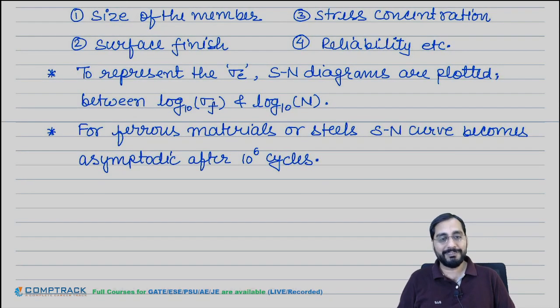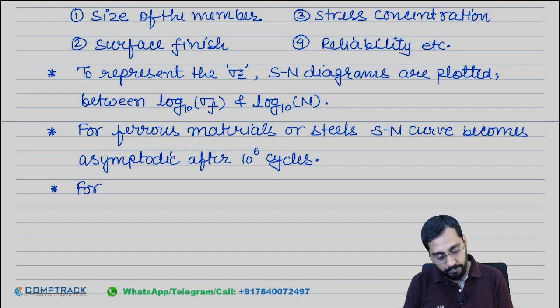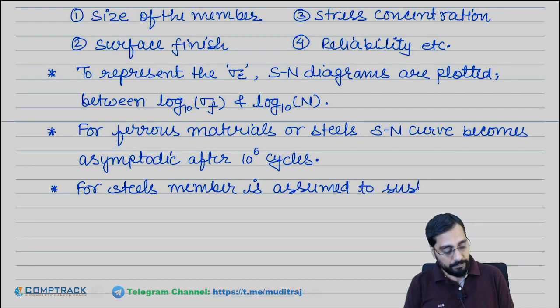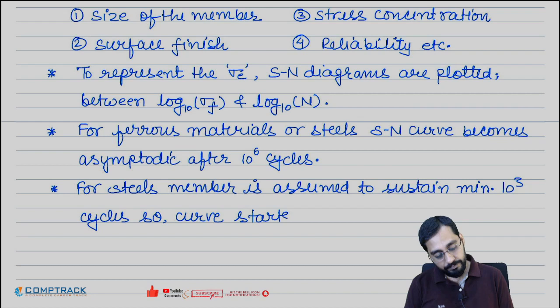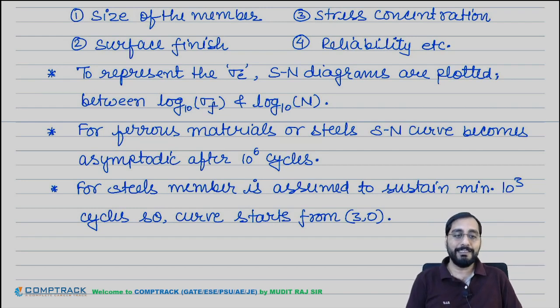For steel, the member is assumed to sustain a minimum of 10 to the power 3 cycles. So the curve starts from 3 comma 0.